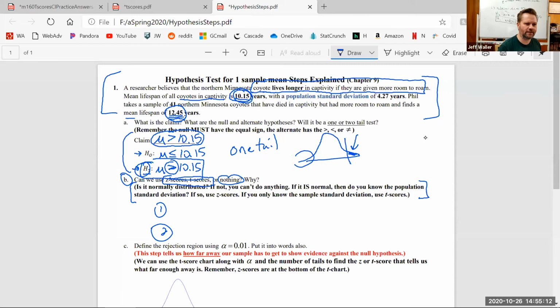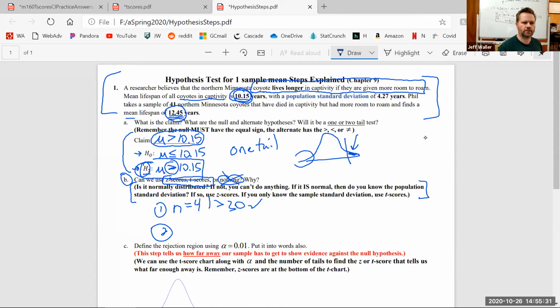How do I know this is a normal distribution I'm working with? We have a sample size bigger than 30. Yes, n is 41, bigger than 30. It's normal. Now I can figure out, is it Z or T? I know it's not nothing. I can do something. Is it Z or T?